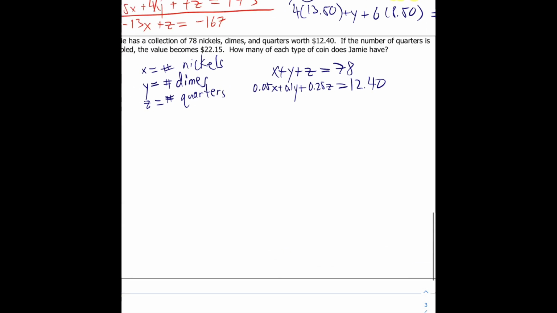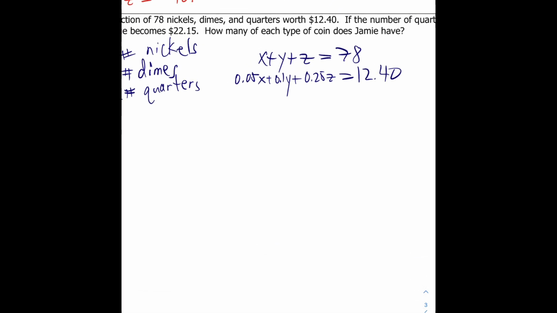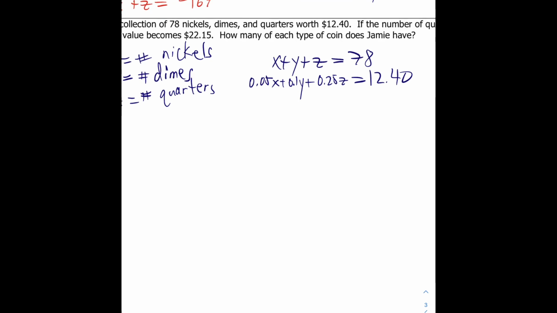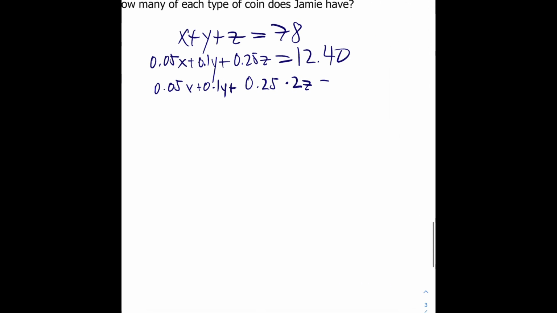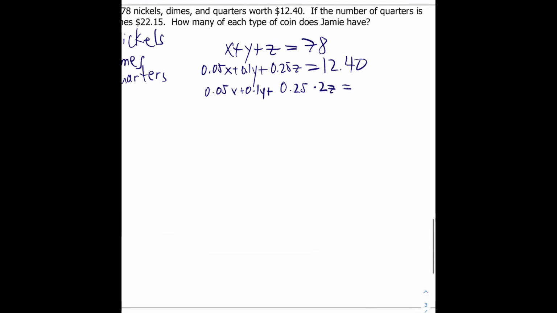The value becomes $22.50. So if you do, we're going to double the number of quarters. So that's going to be 0.05x plus 0.1y plus 0.25 and then times 2z. Since he has twice the number of quarters now, that's equal to $22.50. That's how that one's working, okay?